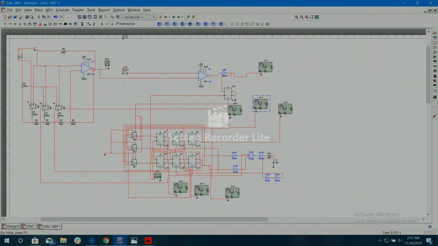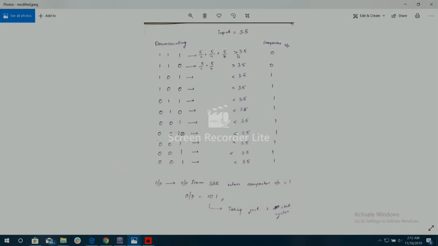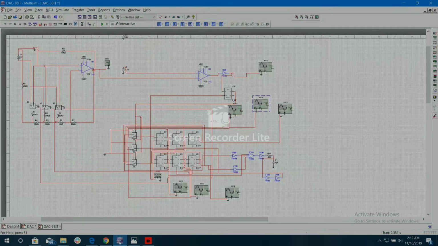Since we have given 3.5 here, the analog equivalent which we got is greater than 3.5, so the comparator output should be minus VSAT, which will be converted to 0 using a NOT gate.